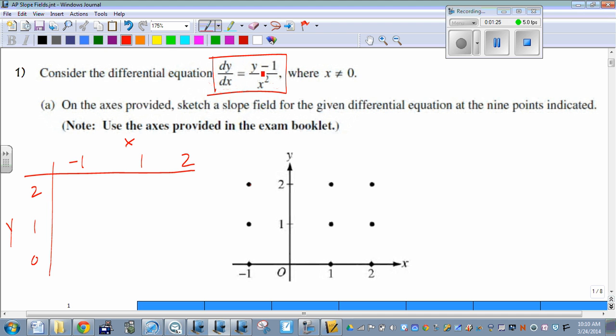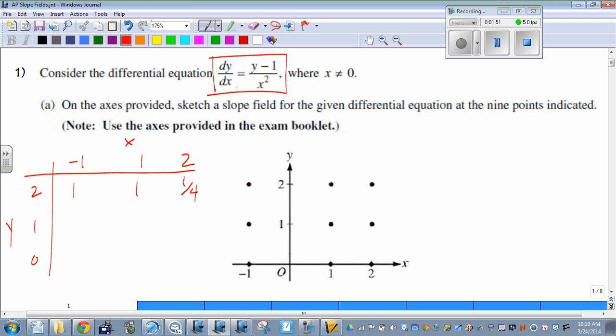Put 2 in for y, we get 1 on top, so we get 1 divided by 1, which is just 1. Put 1 in for x, we get 1 in the bottom. Put 2 in for y again, still 1 on top, so we get 1. And still 1 on top because we're still putting 2 in for y. Put 2 in the bottom, we get 4 down there, so we get a slope of 1/4.